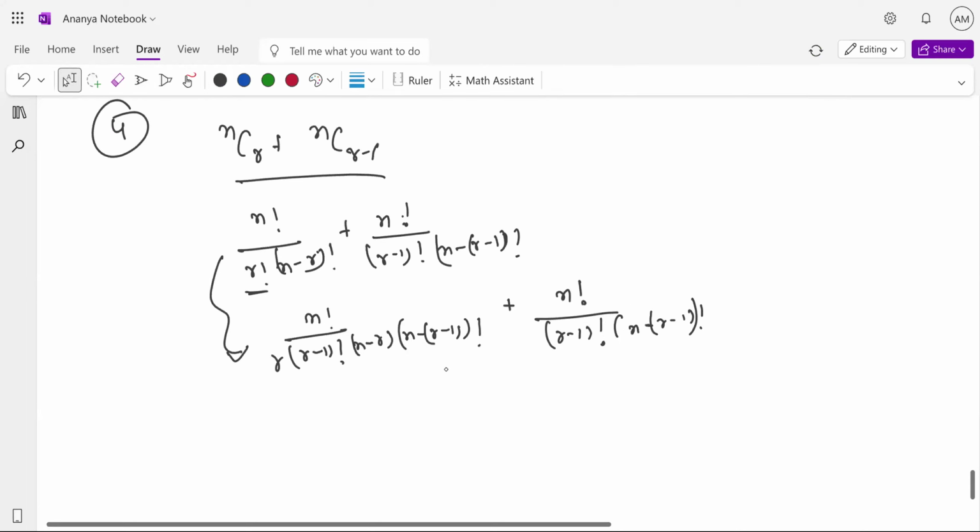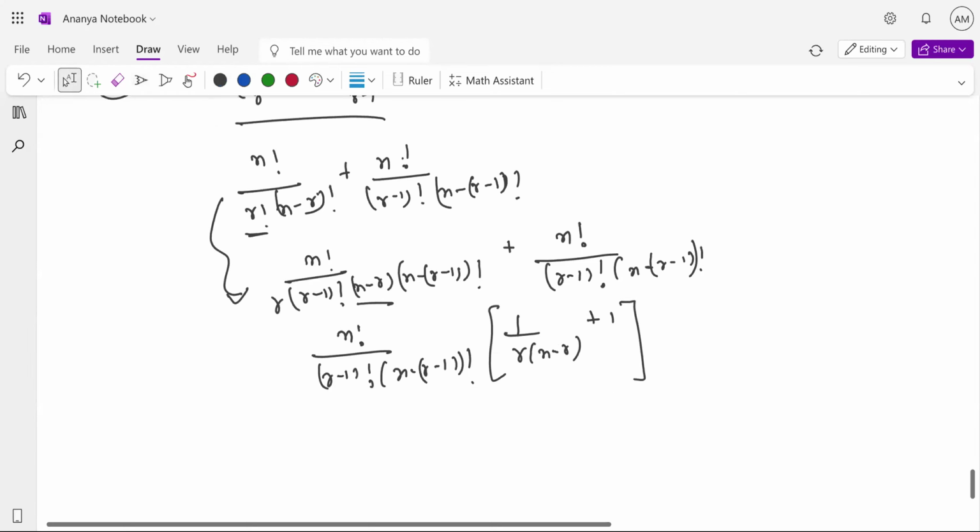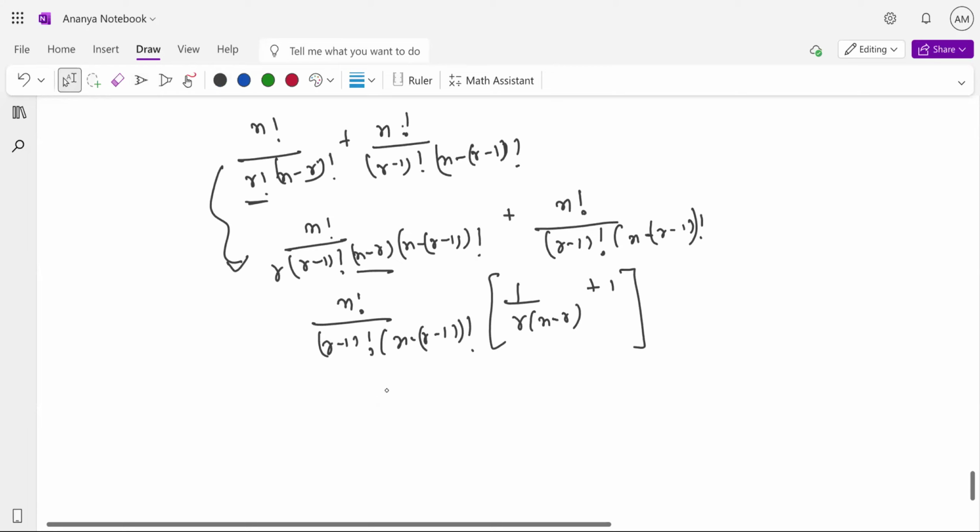If I take the whole thing as a constant, you can see n factorial, r minus 1 factorial, n minus r minus 1 factorial. What am I left with? I am left with 1 by r and this portion n minus r plus 1. Is it? Yes, sir. Okay. Further, can it be solved into something?